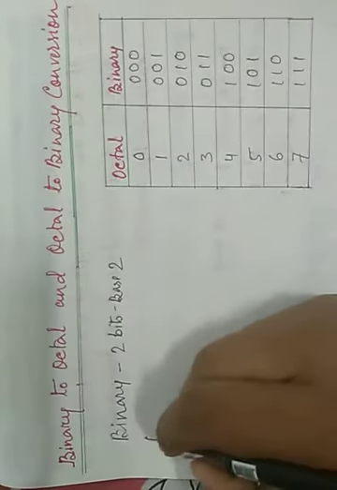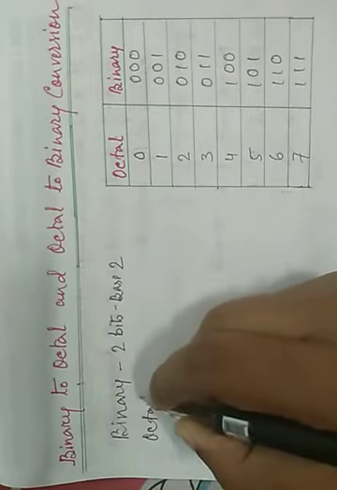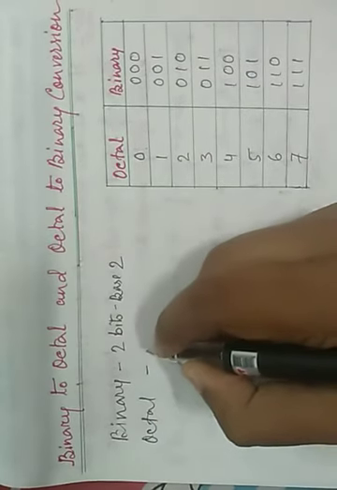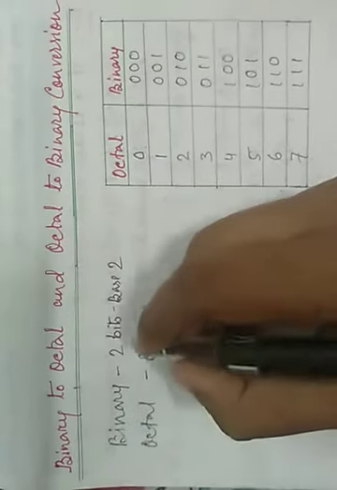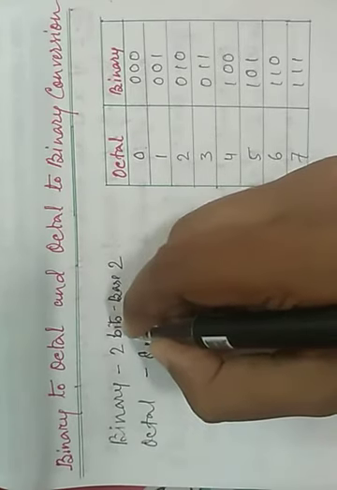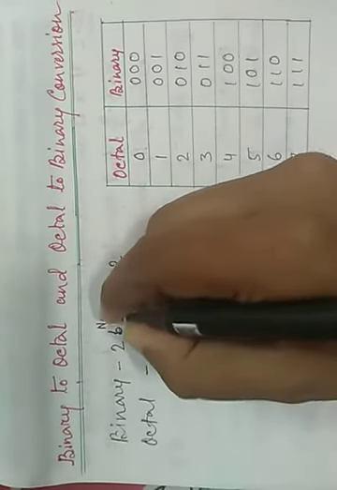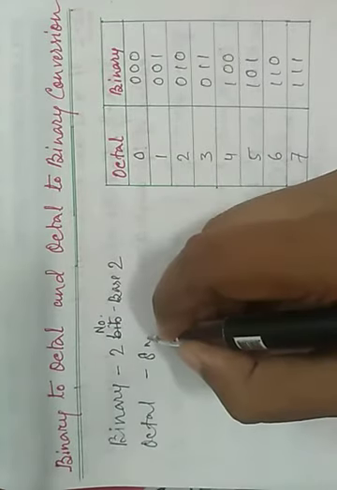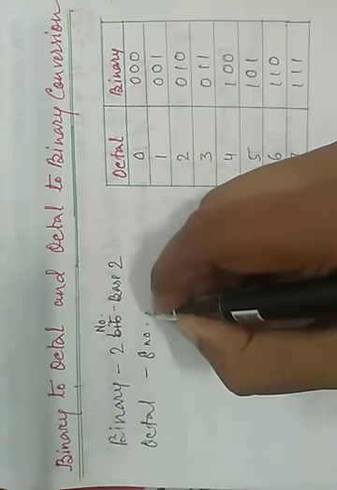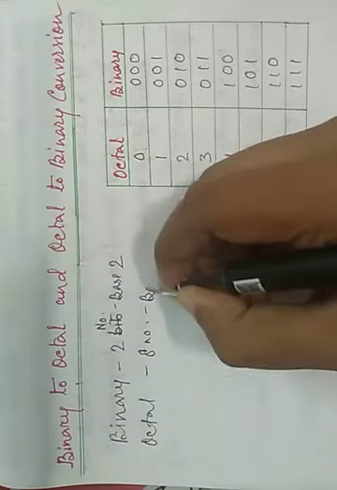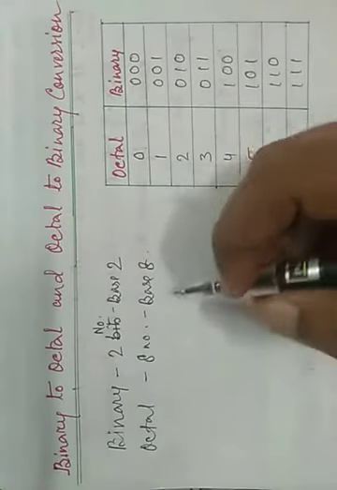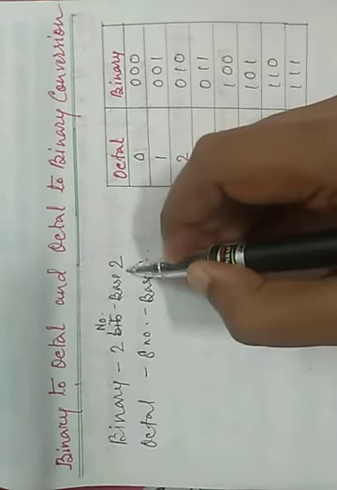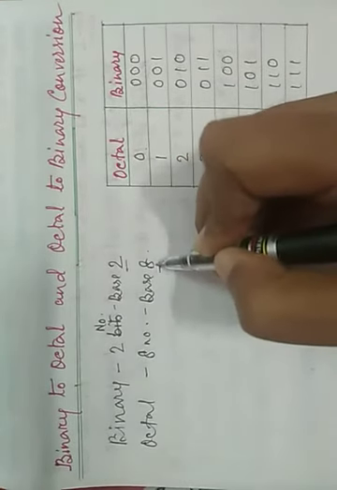And for octal number system, there are 8 numbers. Sorry, not bits, it's numbers. 2 numbers are there in binary number system and 8 numbers are there in octal number system. That's why its base is 8. So here we have to convert either from base 2 to base 8 or from base 8 to base 2.